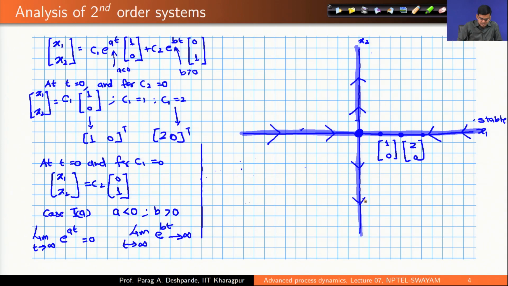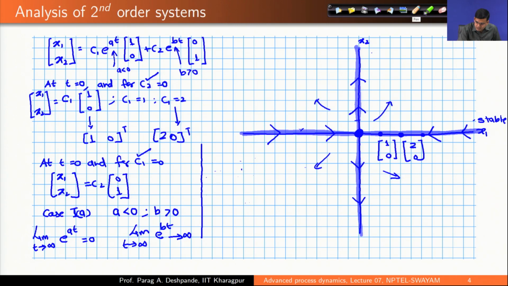Now, this was the case when C 2 was 0, and in the other case C 1 was 0. Now, when I introduce both C 1 and C 2, what is going to happen is that I am going to go into one of these quadrants, either this or this or this or this, depending upon the values of C 1 and C 2 that I choose.